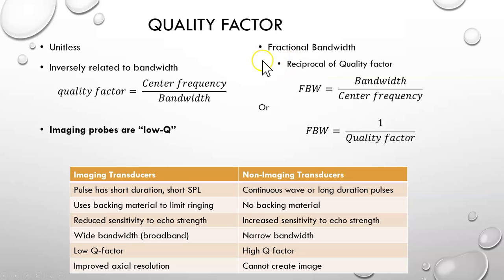There's another term sometimes associated with transducers known as the fractional bandwidth. The fractional bandwidth is simply the reciprocal of the quality factor.